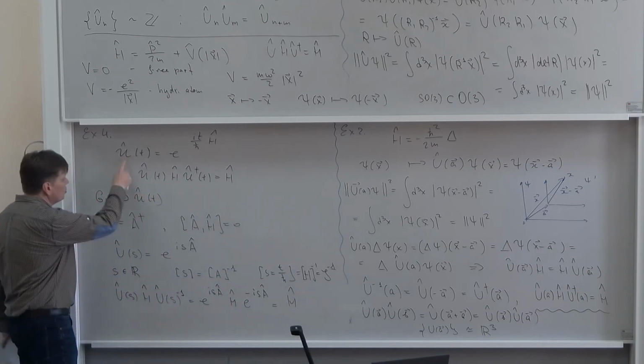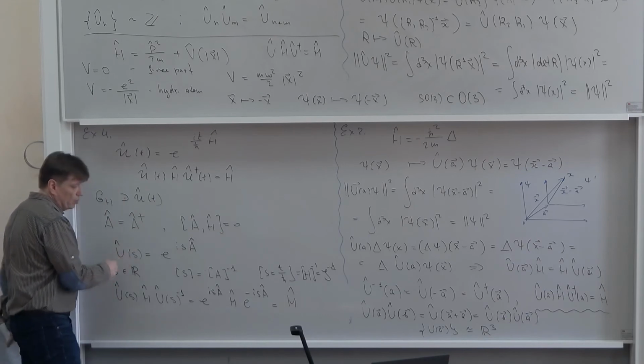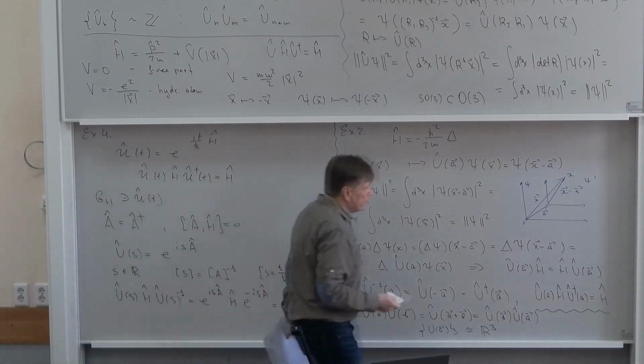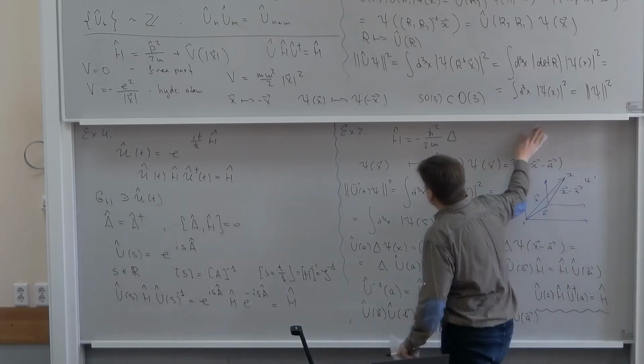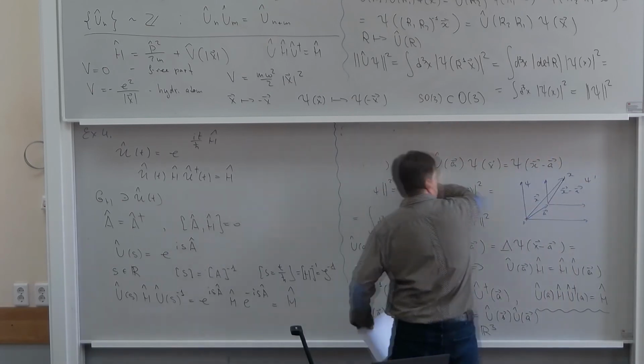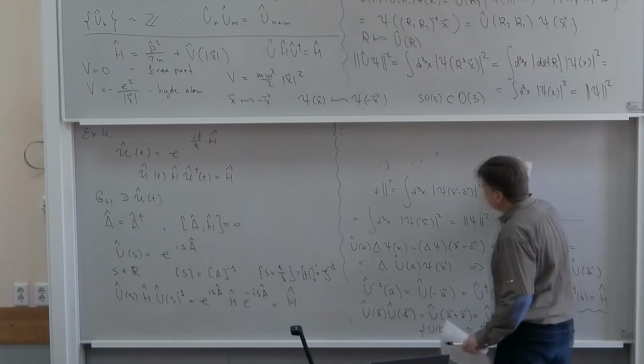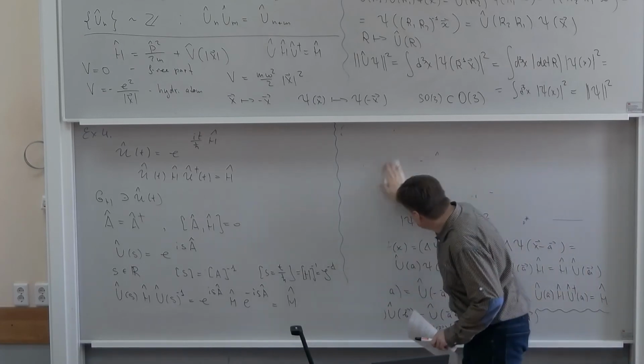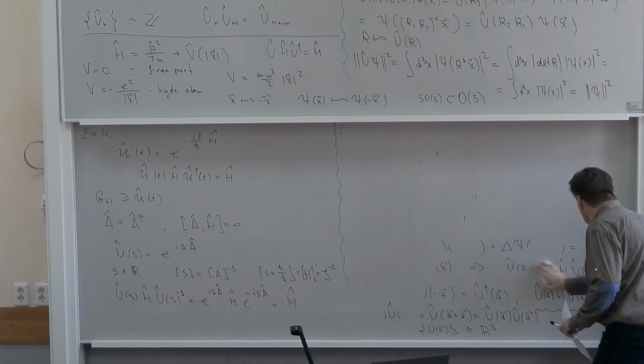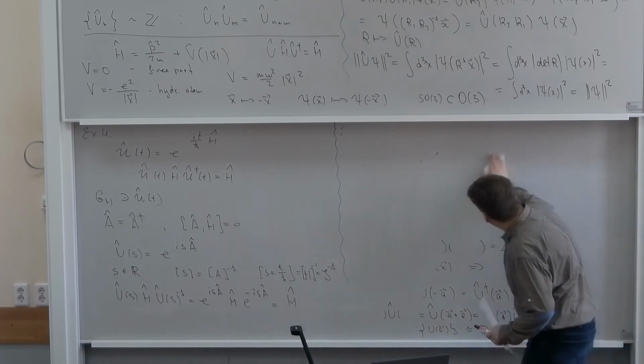Like the evolution operator, these operators U of S also satisfy some interesting algebraic relations. Namely, they form a one-parameter group with respect to composition. What does it mean, a one-parameter group?